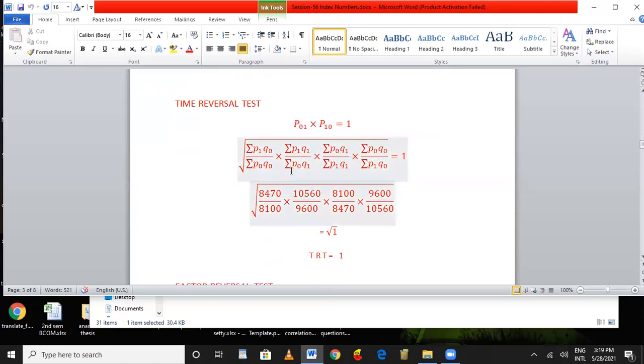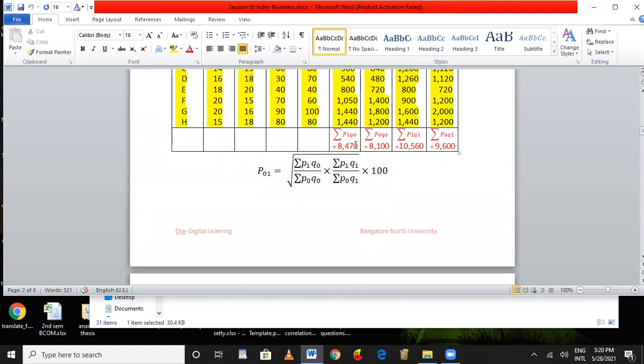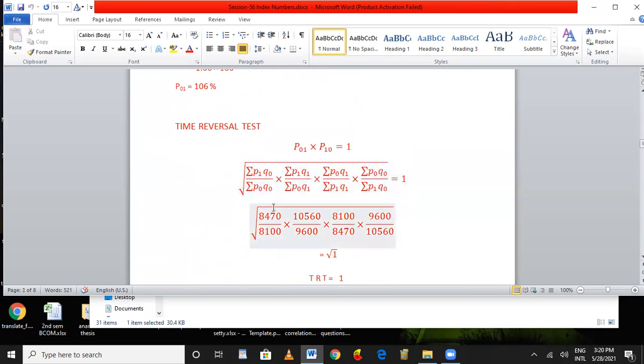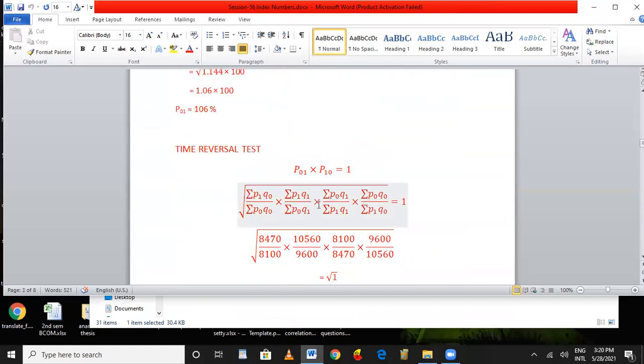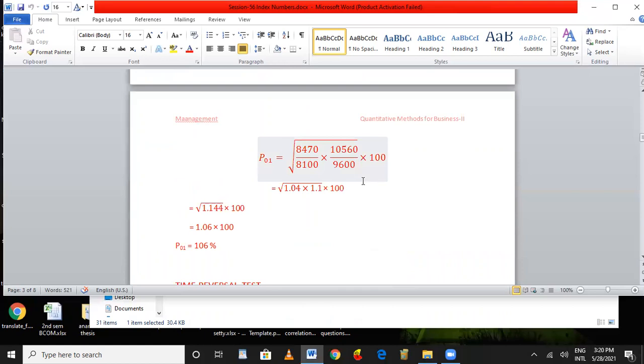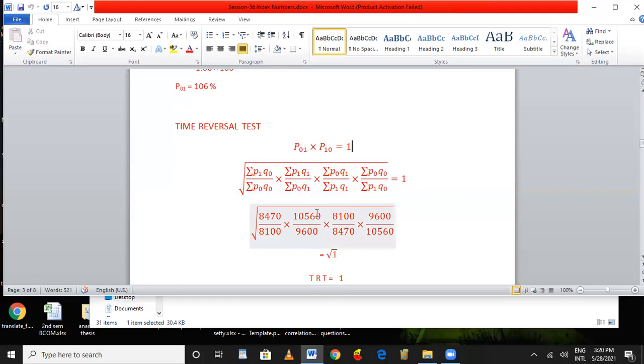For that, P1 Q0, P0 Q0, P1 Q1, P0 Q1, then P0 Q1, P1 Q1, P0 Q0, P1 Q0. P1 Q0 is 8,470. P0 Q0 is 8,100. P1 Q1 is 10,560.